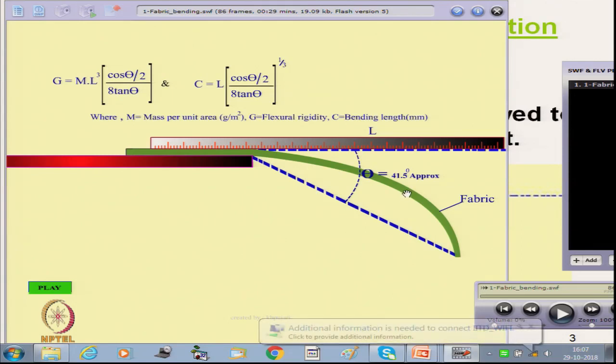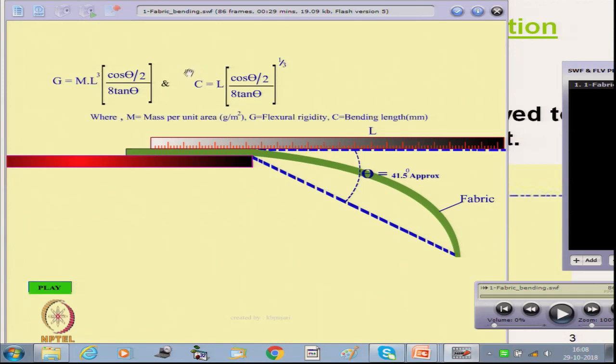41.5 degree, based on that angle we can calculate different parameters. Here G is the flexural rigidity of the fabric, M is the mass per unit area, L is the overhanging length of the fabric, and with this equation G equals M multiplied by L cubed multiplied by cos theta by 2 divided by 8 tan theta, where theta is the angle which the tip point of the fabric makes with the horizontal plane.